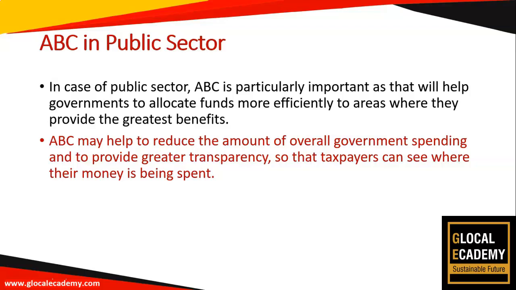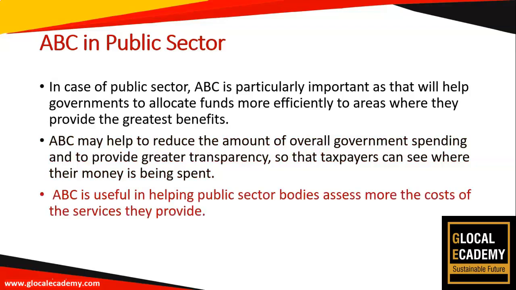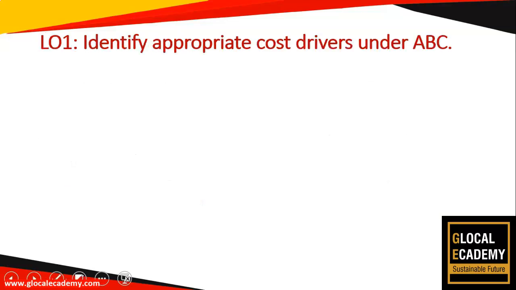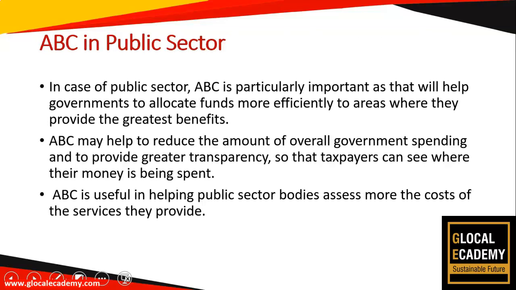The same applies to the government sector. Activity-based costing gives more transparency in the cost, more control over the cost by getting an idea of what drives the cost. So ABC is especially useful in helping public sector bodies assess the cost of the services they provide. Those are the different features of the importance of activity-based costing in the public sector.